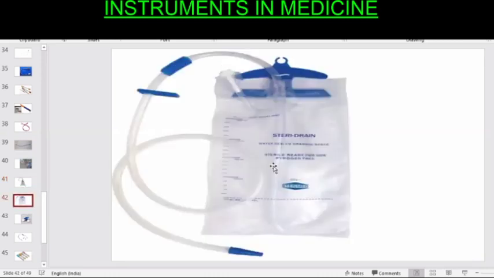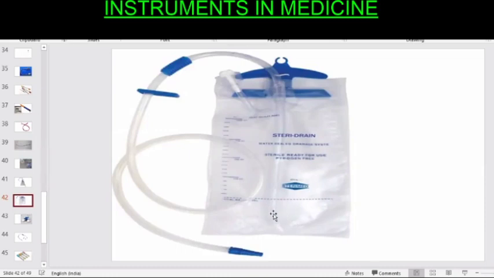Okay, this is an ICD bag, intercostal drainage. When the patient is put on ICD, the ICD has to be attached to this ICD drain bag. Why is it an ICD drain bag? Because if you see, there is a tube which goes to the end of the bag, and there is a dotted margin where you will have to fill this bag with normal saline or sterile water.